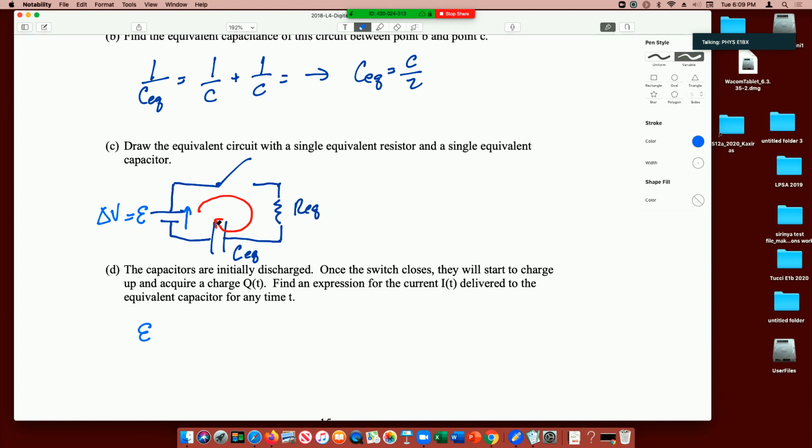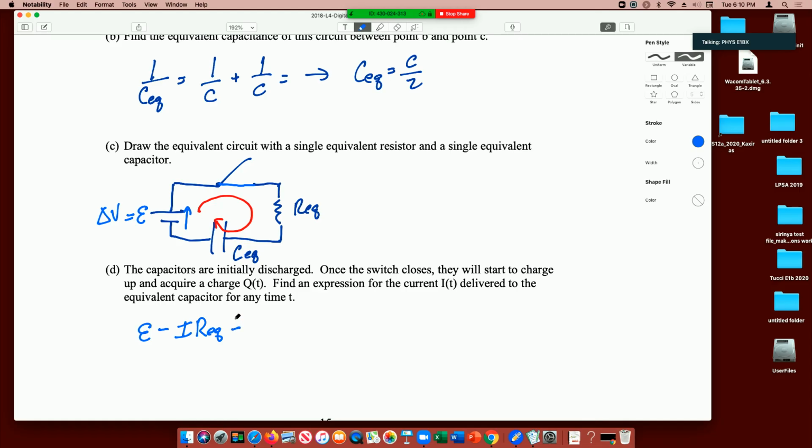So E, and then it's going to be minus I times R equivalent, because if you're going in the same direction as the current through a resistor, it's minus. Think back to those rules that we defined before.